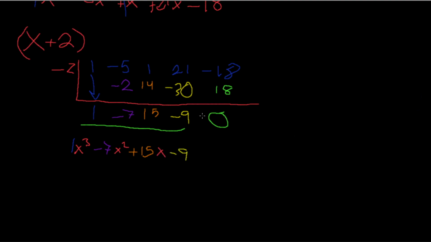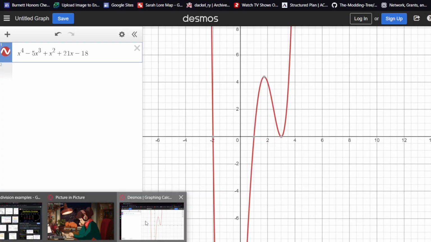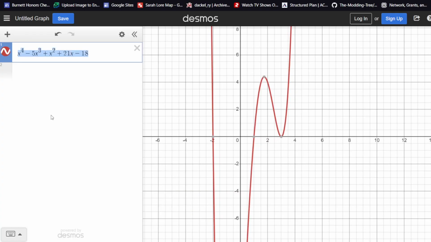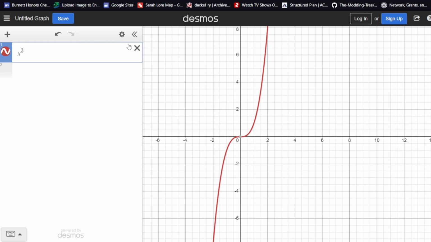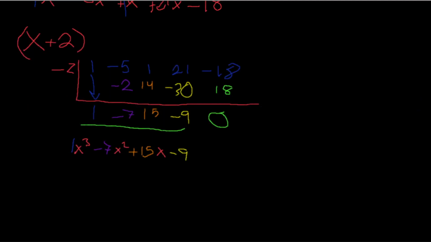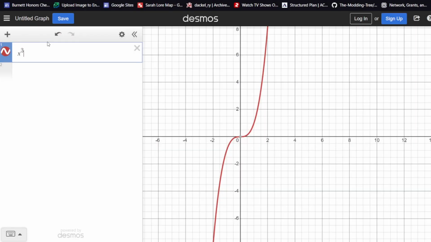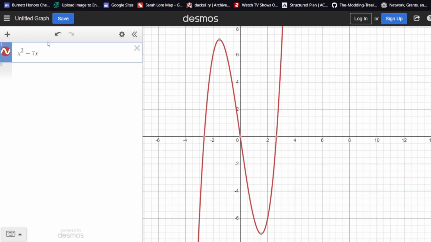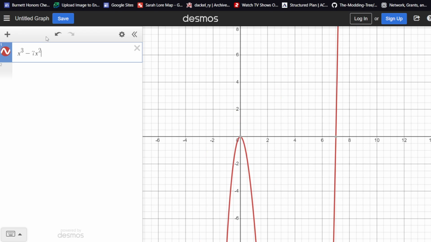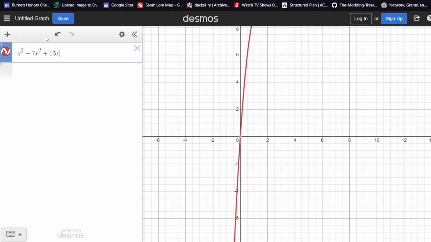And then we don't do anything with the 0. So this is our new equation. Now we can plug that into our calculator: x cubed minus 7x squared plus 15x minus 9.